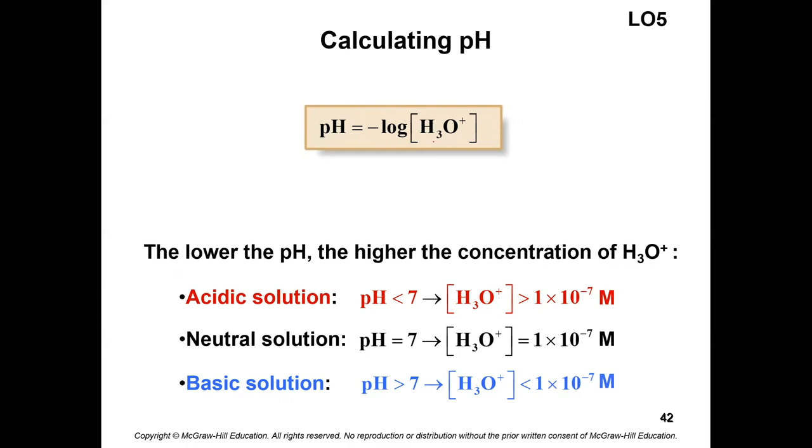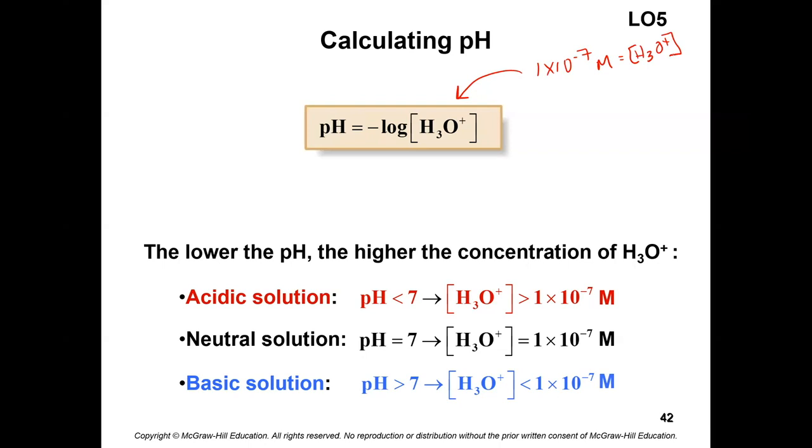Okay, so if you were to plug into here the hydronium ion concentration of just pure water, which we said was equal to 1 times 10 to the negative 7 molar, this is the concentration of just hydronium. So when water naturally dissociates, that is the amount of hydronium ions it would generate naturally.